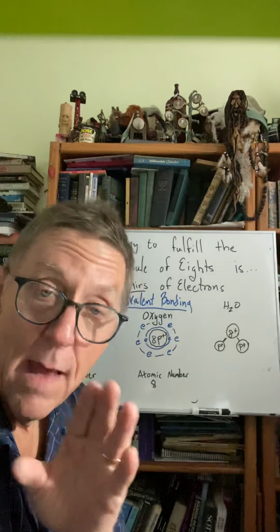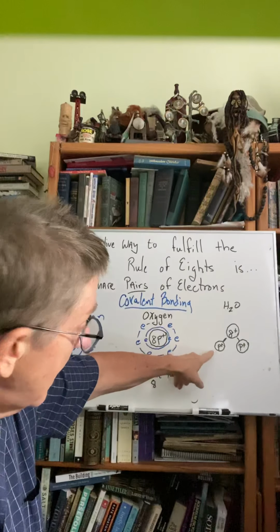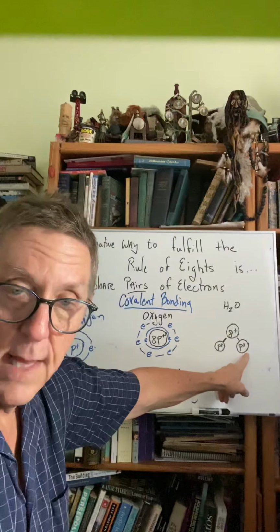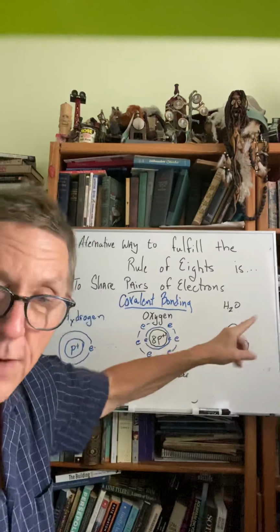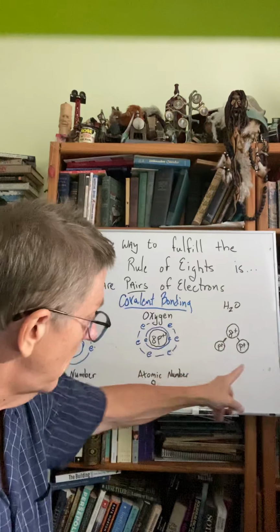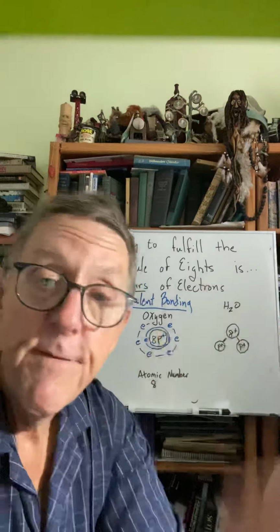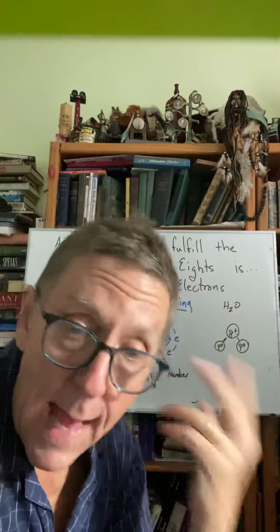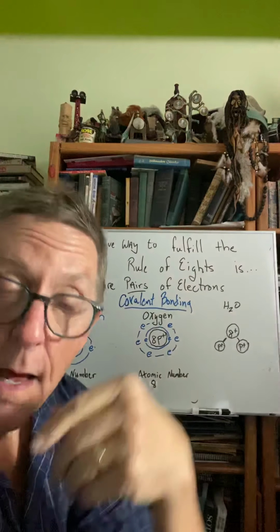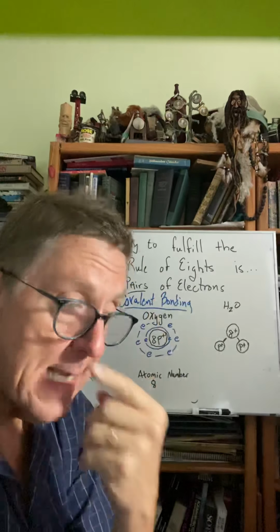It is a pair of electrons that are shared between this hydrogen and this oxygen. So you have a pair of electrons shared between these two, and another pair of electrons shared between those two, and it fulfills the rule of 8. So this is covalent bonding.